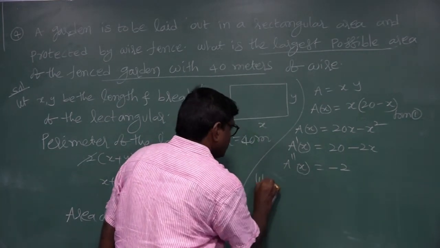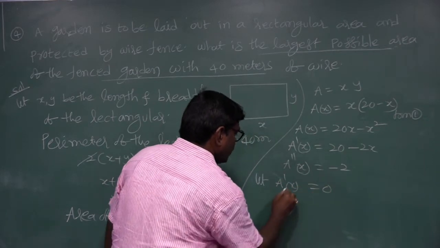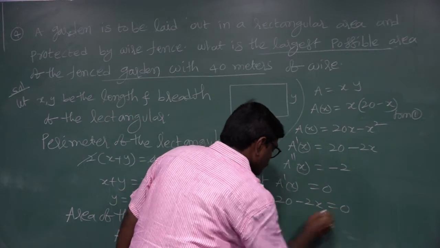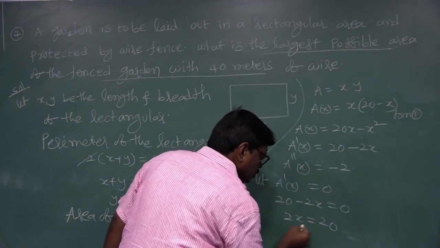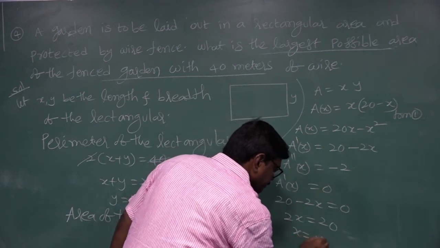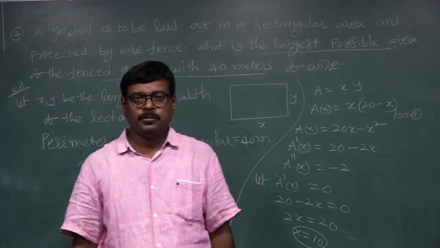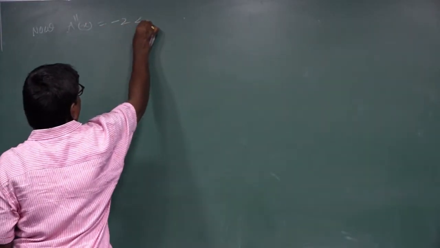Now let A dash of x equal to 0: 20 minus 2x equals 0, 2x equals 20, x equals 10. A double dash of x equals minus 2, which is less than 0.